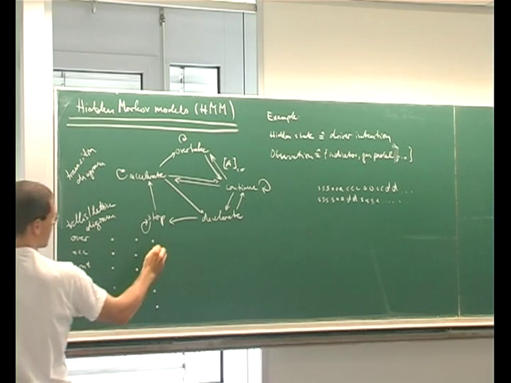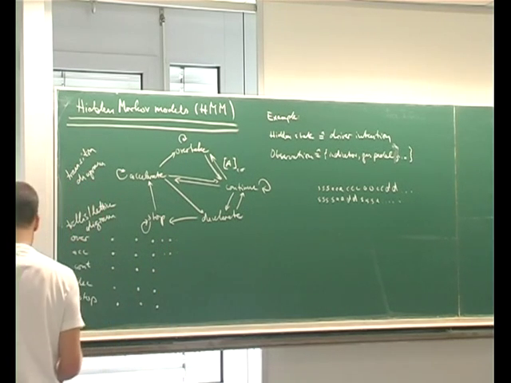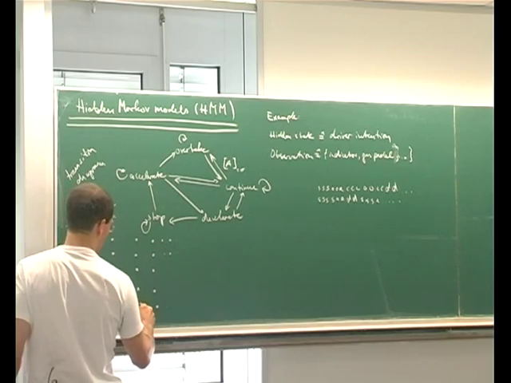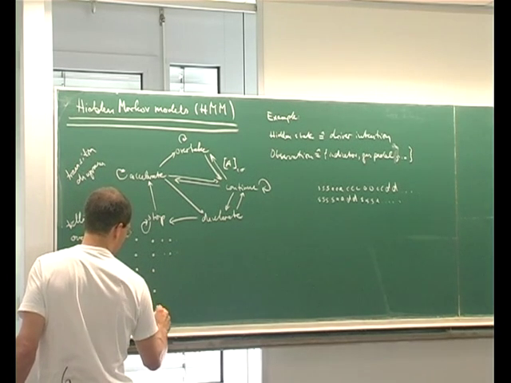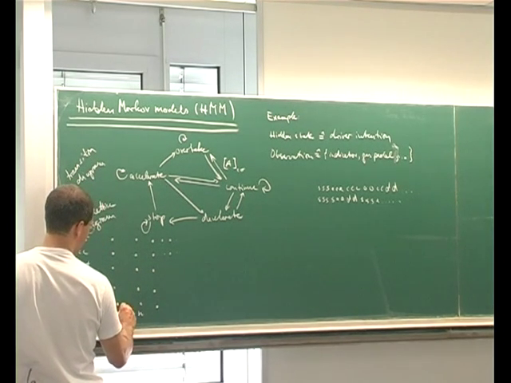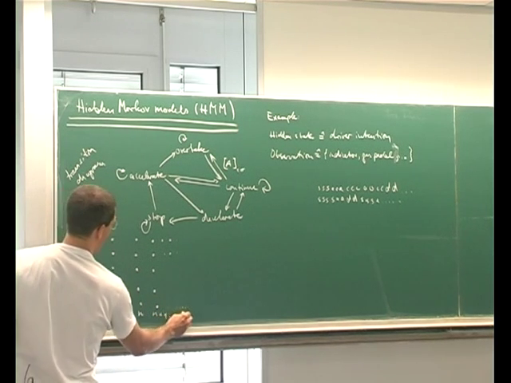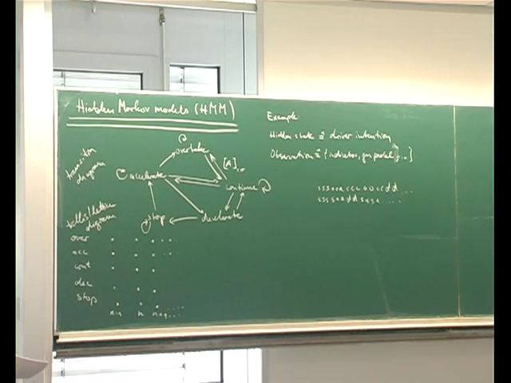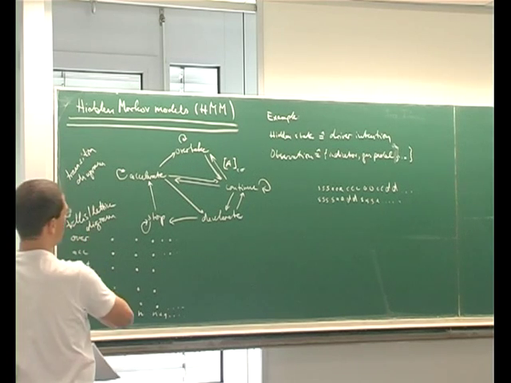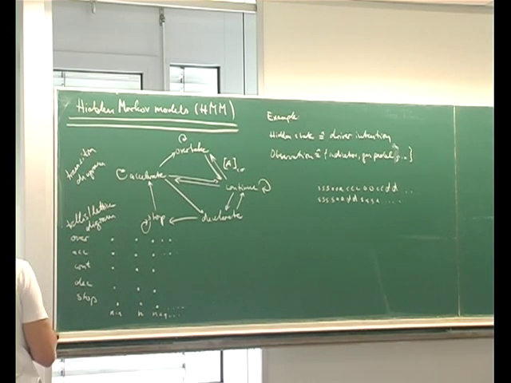Because I have this lattice of states here, which continues, and now I have an explicit notion of time. I have time n, n minus 1, n plus 1, and so on. Now I can here indicate these same transitions.